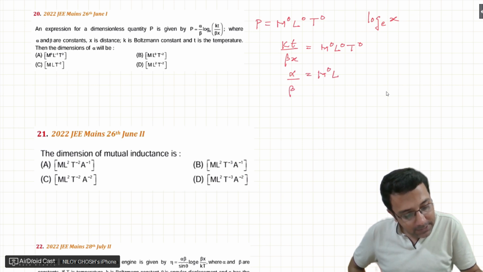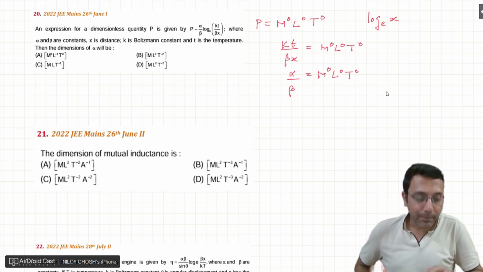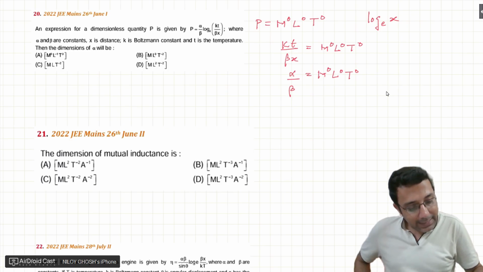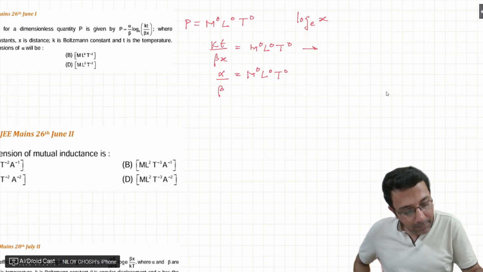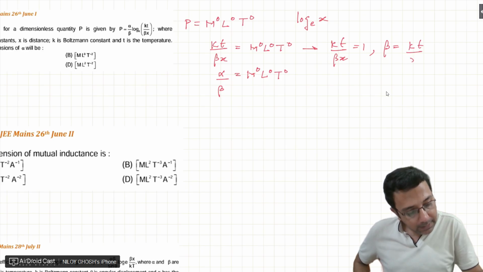That is why it is M0 L0 T0. Now with kt by beta x equal to M0 L0 T0, from here we can write kt by beta x equal to 1, or beta equal to kt by x.